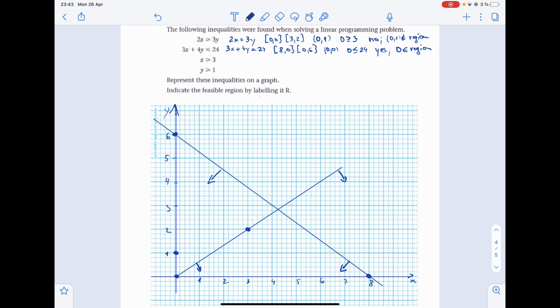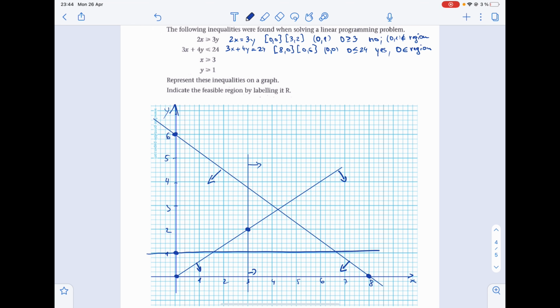Then x is greater or equal to 3. That is easy to sketch. That means this one, okay, good. So greater or equal to 3, that would be this part. And then y is greater or equal to 1.